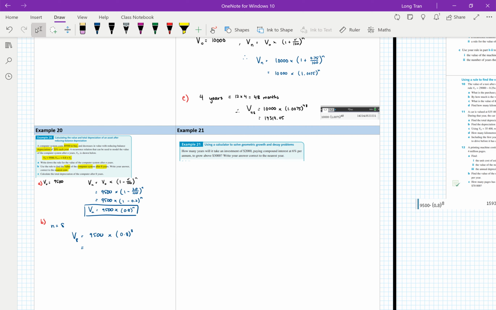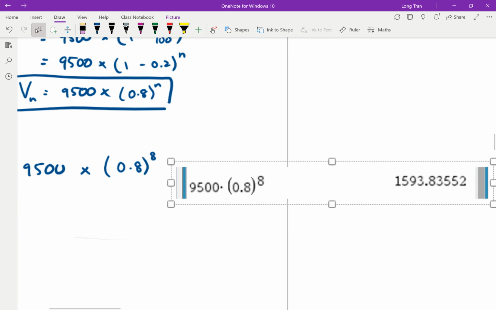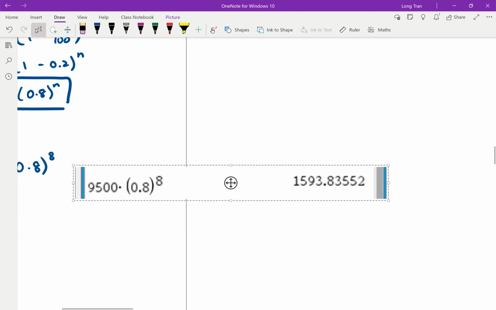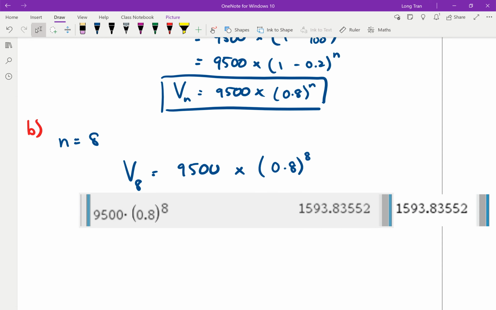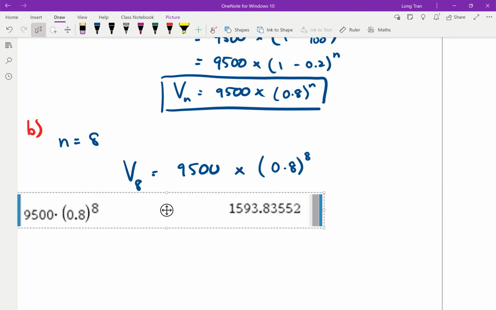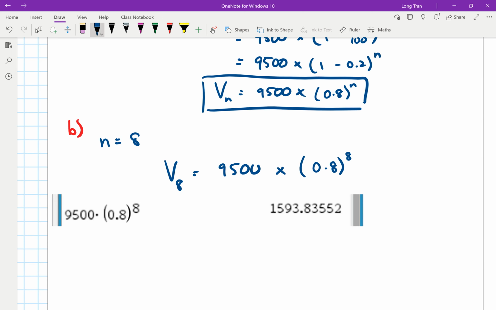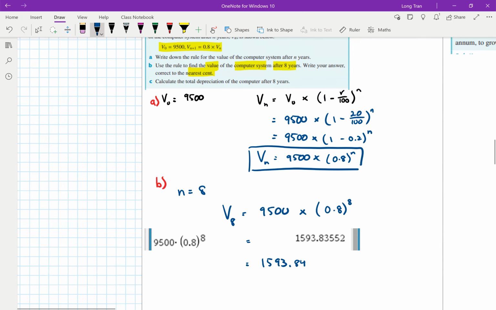Just paste that right here. There we go. $1,593 to the nearest cent and 84 cents. Okay, so that's B.